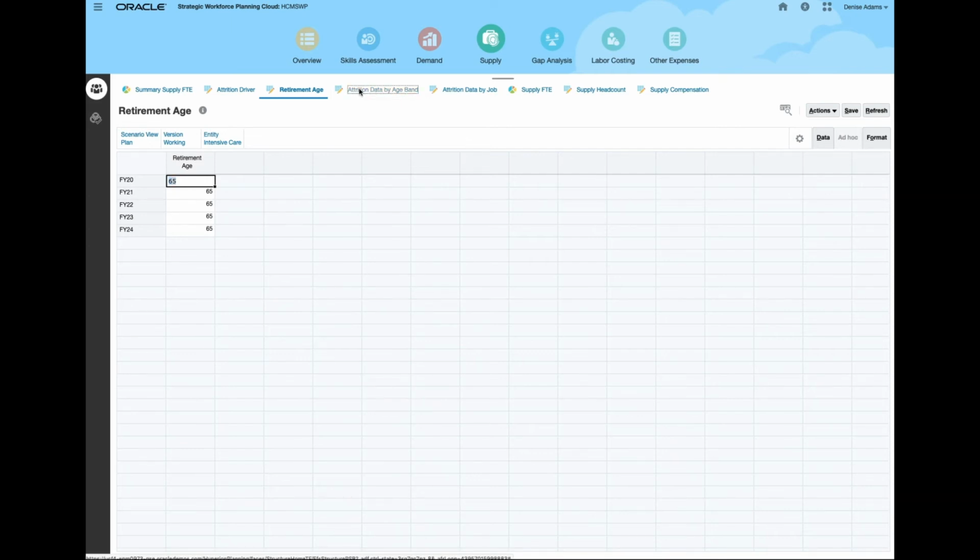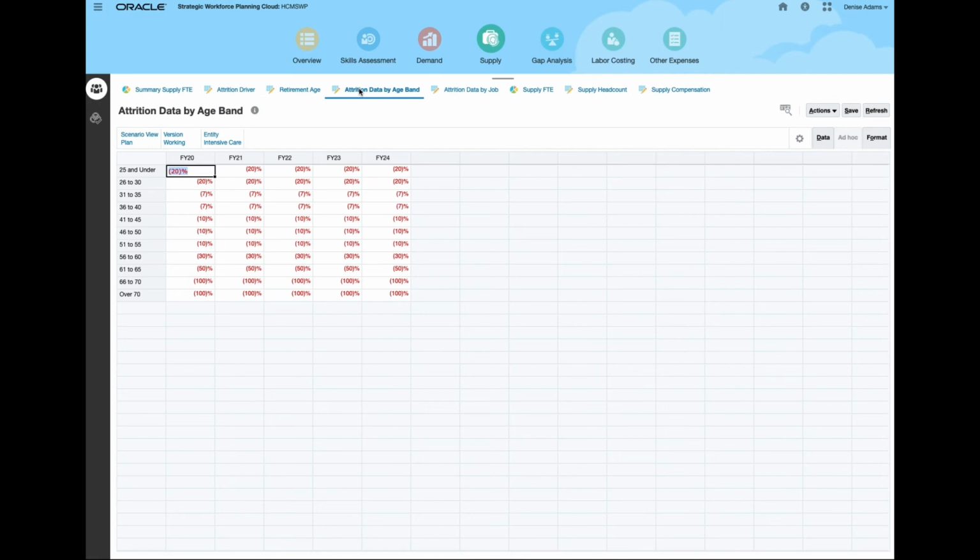If I look at my attrition by age band, I can then start to look at how I'm likely to be turning staff over depending on their age. So clearly once I get above the retirement age, I've got 100% attrition. And it may be that I predict a lower level of attrition for people in my middle age band, and then potentially a different attrition rate for my millennial staff.